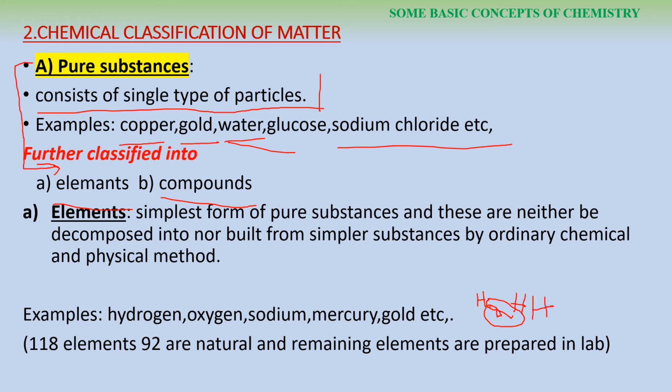Then in the case of oxygen also. In our periodic table, you know that there are 118 elements. Among them 92 are naturally occurring and the remaining elements are prepared in the lab, artificial or synthetic.